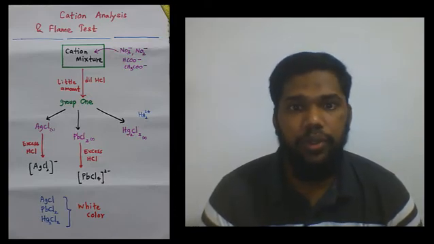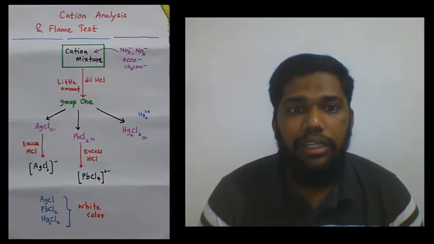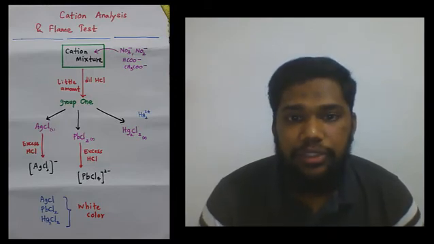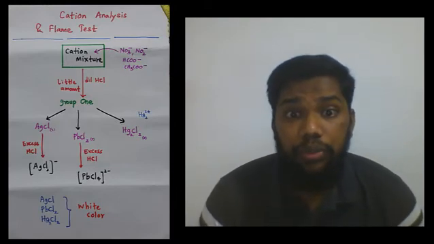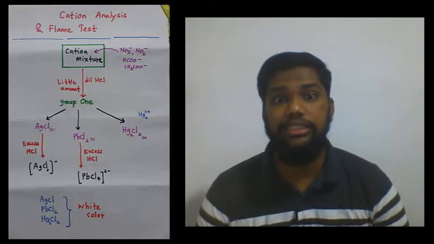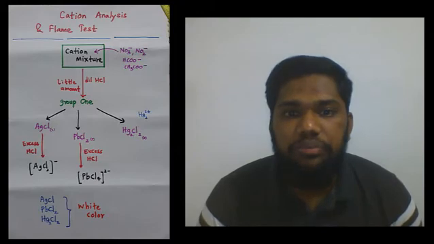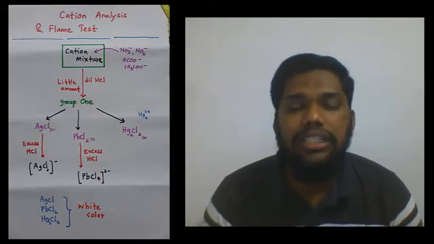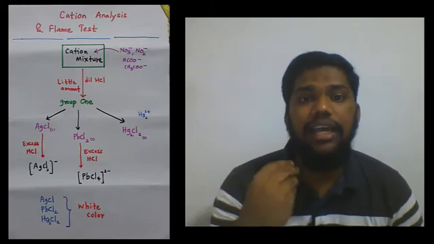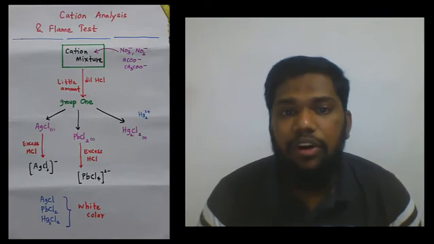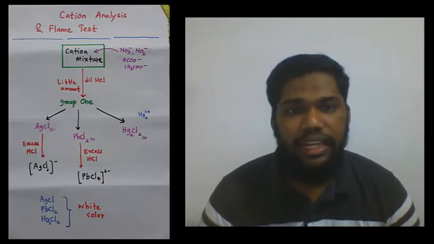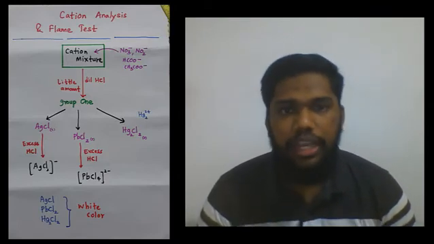You cannot tell whether it contains Ag+ or Pb2+. We don't know, because you have added conc HCl or excess HCl. You are thinking that the precipitate should form, but it doesn't. So you might reach a wrong conclusion that this cation mixture does not have silver or Pb2+. In that case you are wrong. So we add a little amount.